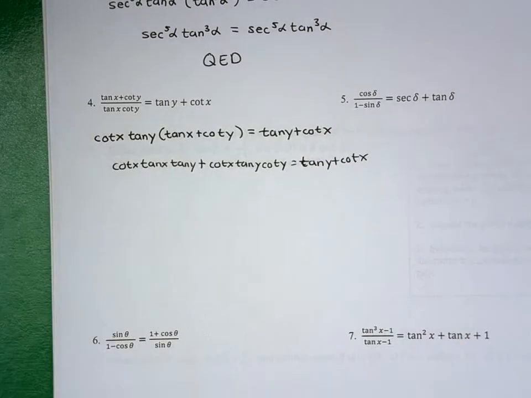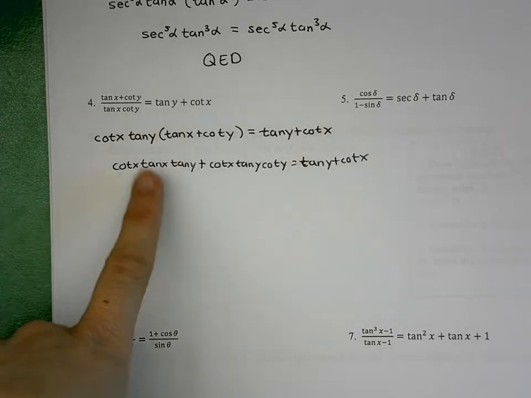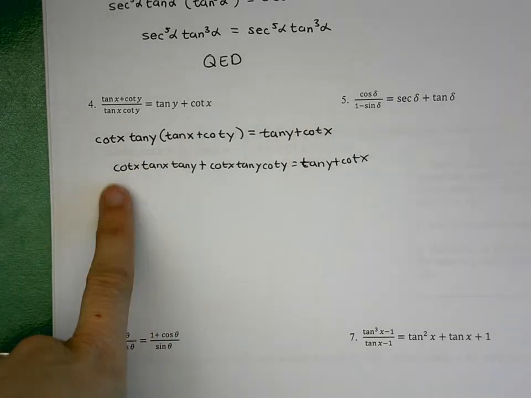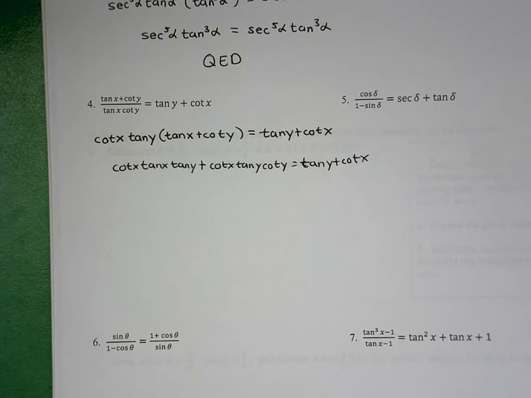Okay, so then we're sitting here thinking, left to right, I still have a lot of terms on the left. Somehow some of these must end up going away. How could I get some of these to go away? Well, we're going to look at tangent x times cotangent x, and we know how to simplify that. If you already know that those cancel and make 1, you're more than welcome to do that.